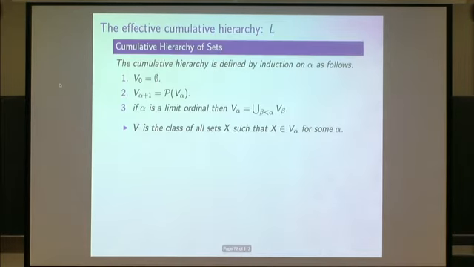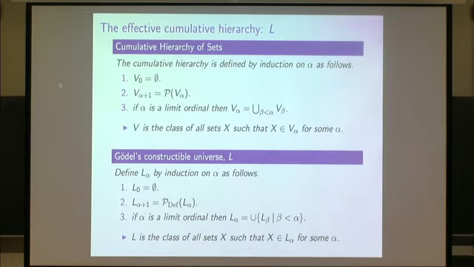All right, so let's bring that out. I'm not inventing history a bit, but let's bring that into it. Remember the cumulative hierarchy, that nice presentation of the universe of sets given by the transfinite iteration of the power set operation. It picks up all the sets. Well, let's replace the power set by the definable power set.